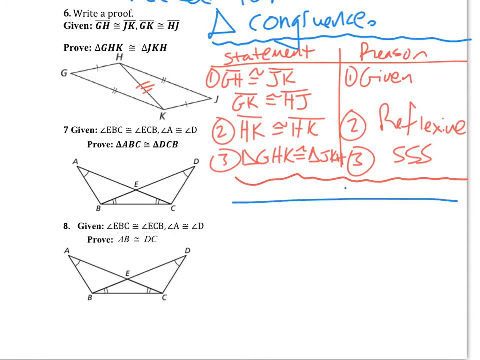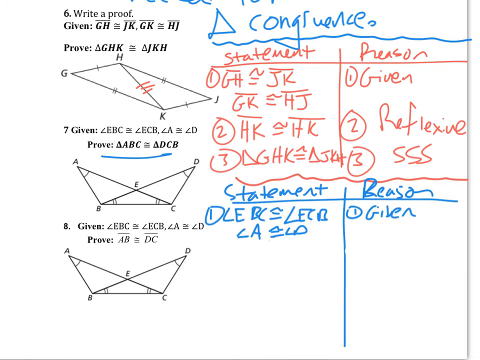Now 7 and 8 are related here. They are really the same thing, so we're just going to do one proof and just tack on a number 8 at the end. All right, so we've got a statement, reason, and our givens. And we see that these 2 triangles are overlapping. Actually, it looks like these are the same ones from the front page.